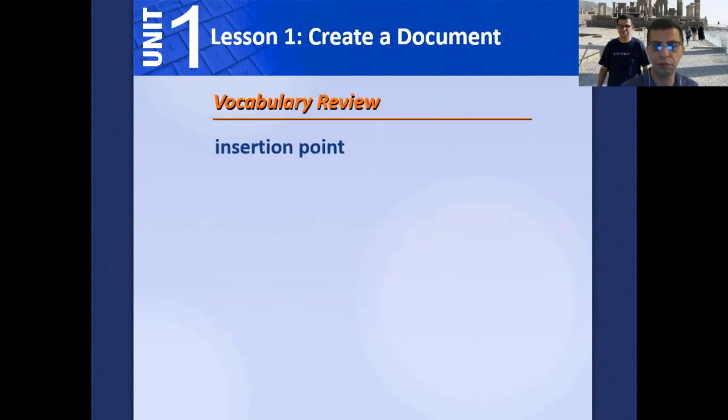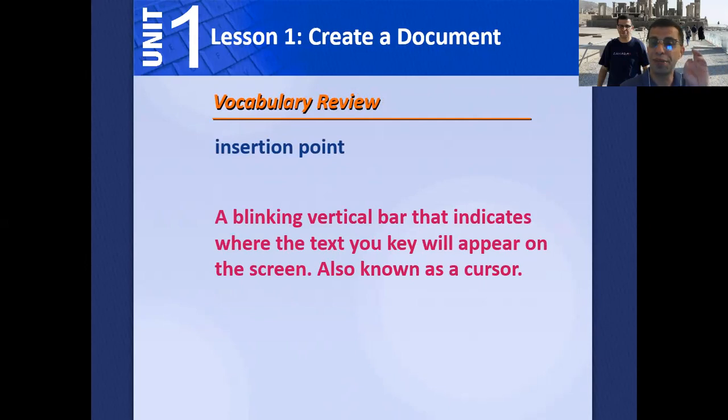Insertion point or cursor. It's the blinking vertical bar that indicates where the text you key will appear on the screen, also known as a cursor.